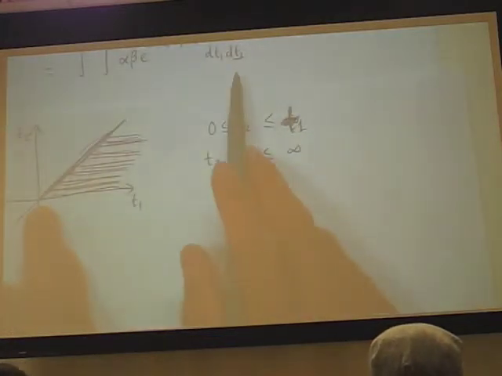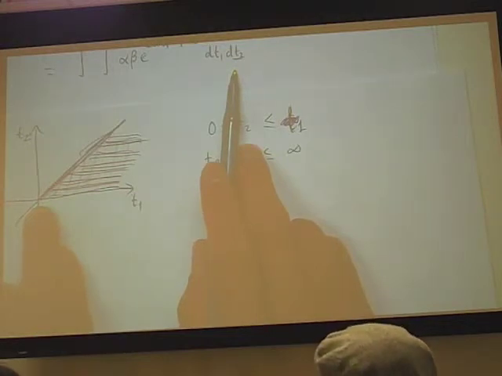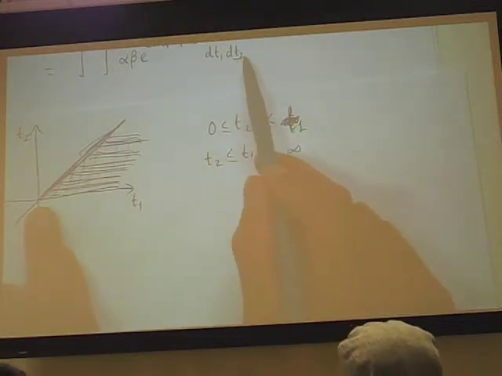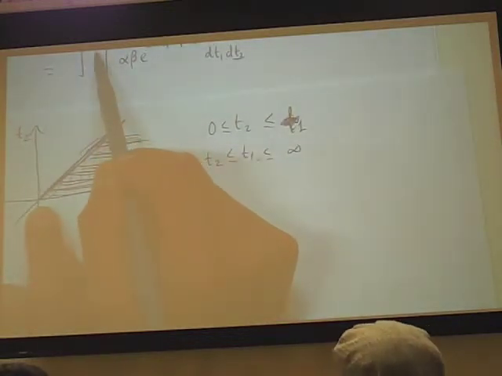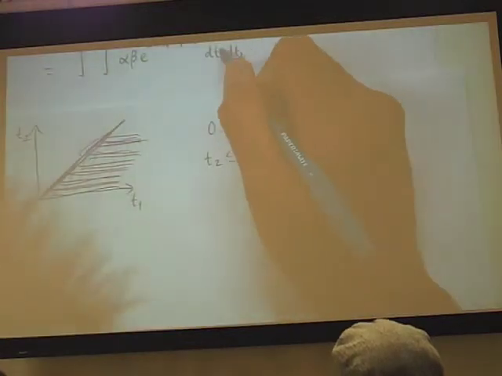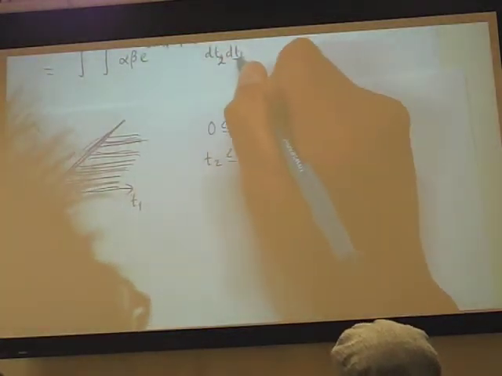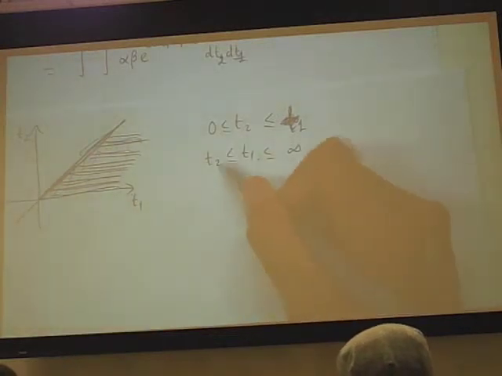So therefore, this is not a good way to integrate, right? Because out here, my T2, if I put this one, it's going to be 0 to T1, right? So therefore, this is not a good way to go. So I'm going to find dt2, dt1, for example. And I think T1 should be from 0 to infinity.